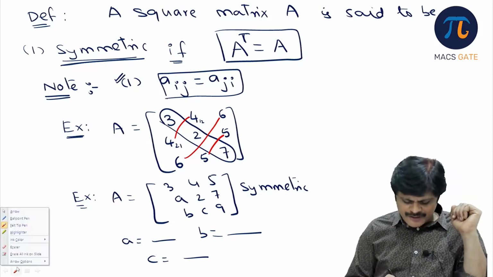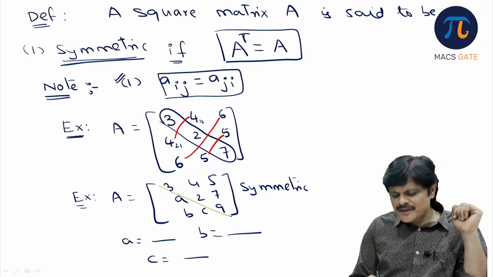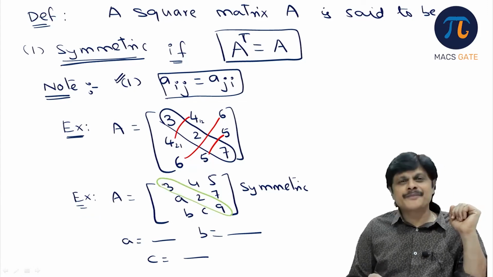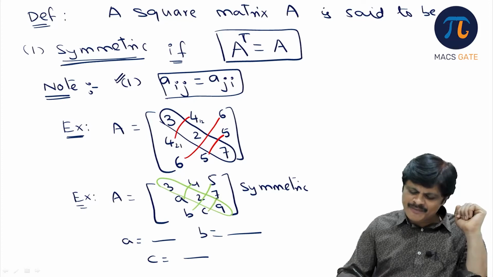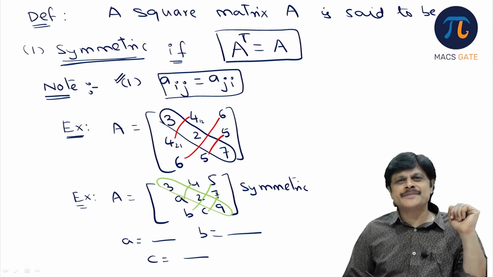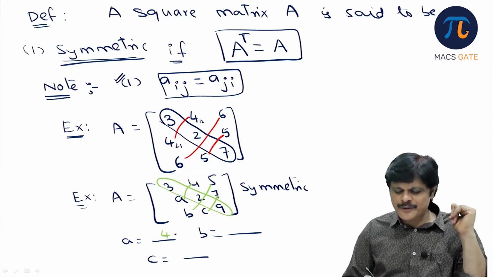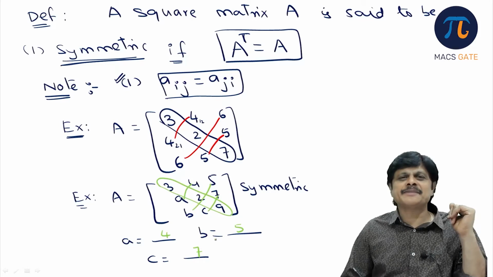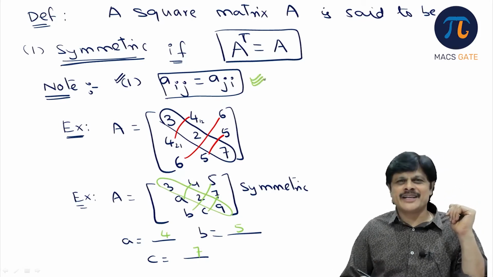Of course, it's a very simple example. You can easily understand that. So symmetric means what? This is your mirror and these two elements must be same. Mirror images we call them. So the mirror images must be same. Hope you can answer this. What is A? 4. What is B? 5. What is C? 7. Done. And this is a very simple method to verify symmetric matrix.